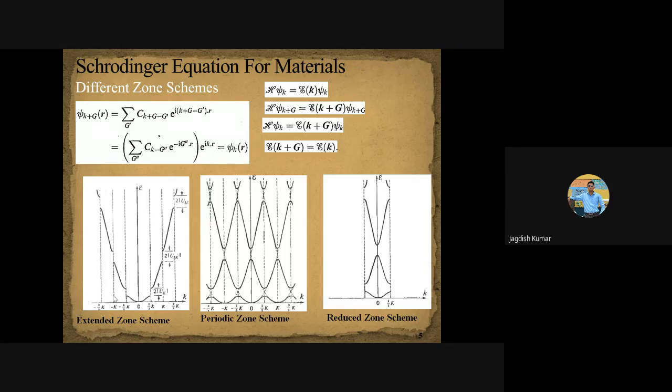There is no end. You have one lattice point at 0, then 2 pi by a, 4 pi by a, 6 pi by a, 8 pi by a, and so on. You keep on going. So this is infinite size information, correct? So rather than doing that, what we do is we try to bring all the information from higher Brillouin zones back to the first Brillouin zone. And this is the basic idea.